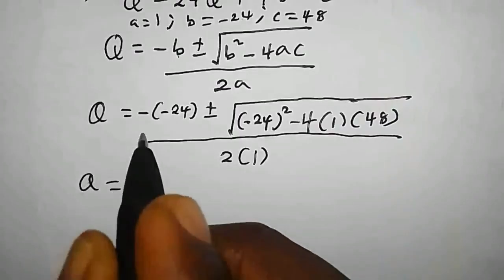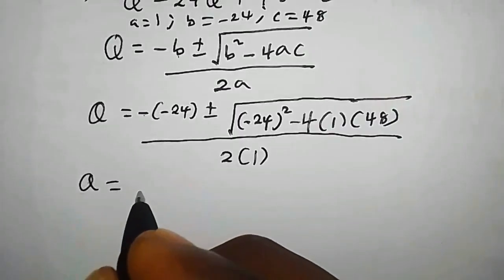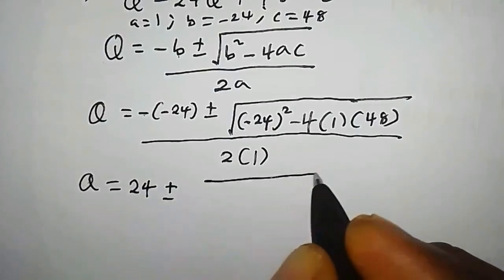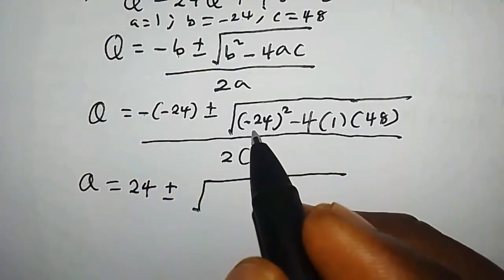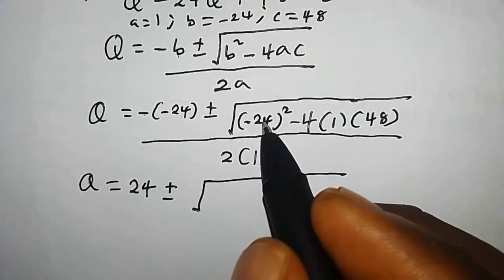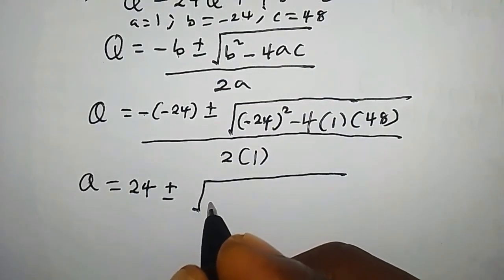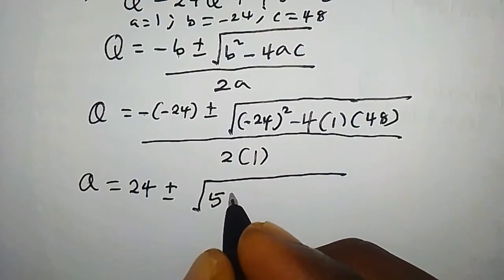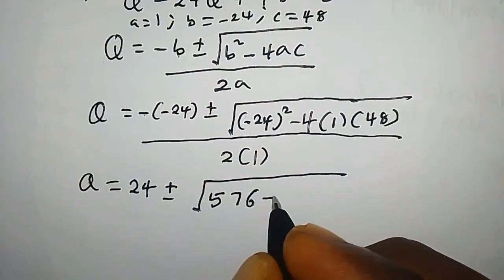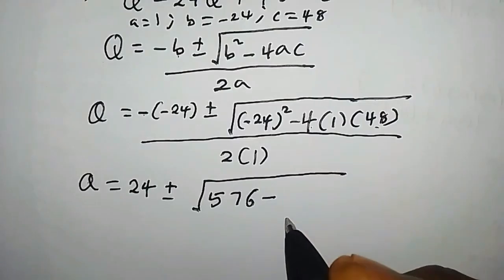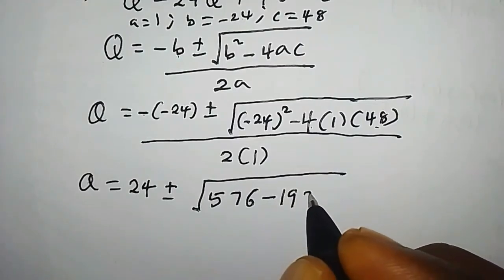Q is equal to minus times minus 24, that is 24, plus or minus the square root of. If you plug minus 24 all squared into your calculator, you're gonna have 576 minus 4 times 1 times 48, that is 192.